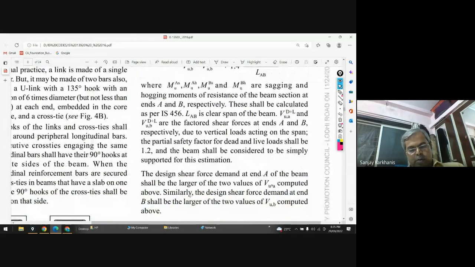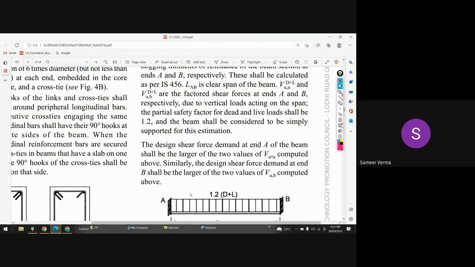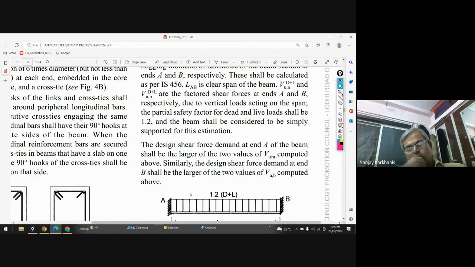Right, right. But that you have covered in steel structures. But why is it coming in reinforced concrete?